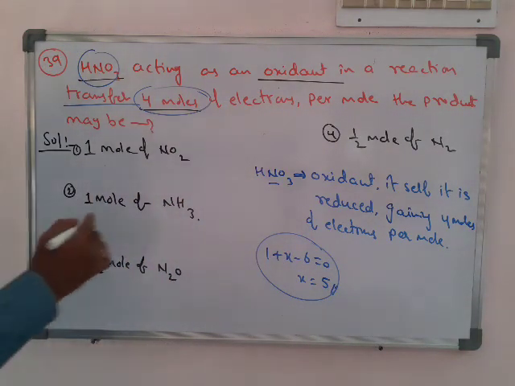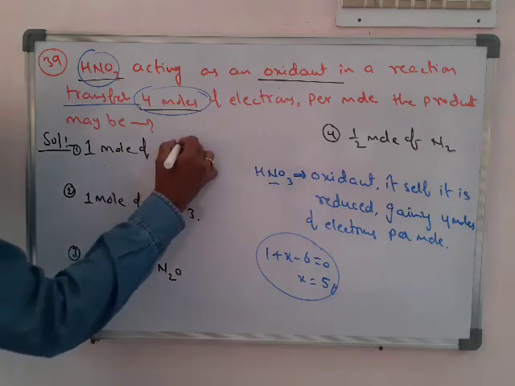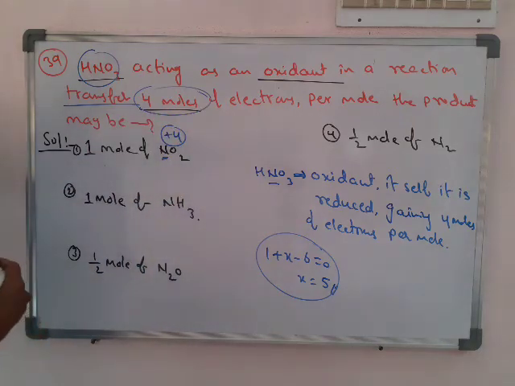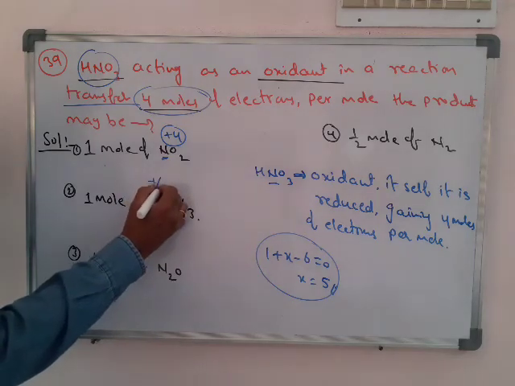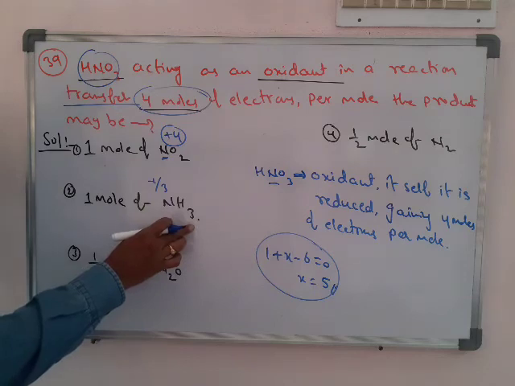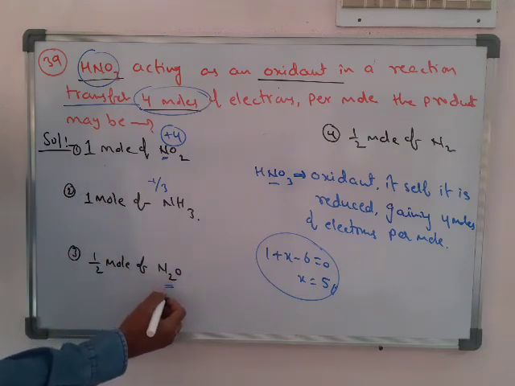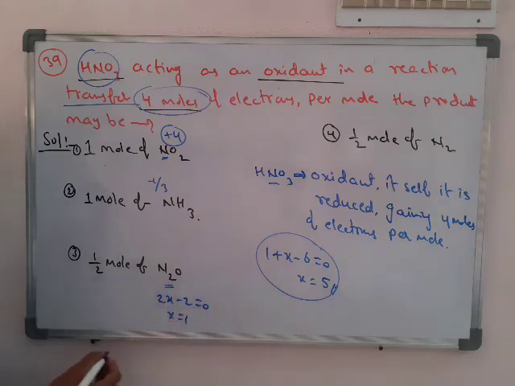Okay. So here what is the oxidation number of nitrogen? This is plus 4. What is the nitrogen oxidation number here? That is minus 1/3. This is 1 plus 3x, x equals minus 1/3. Here what is the nitrogen's oxidation number? 2x minus 2 equals 0, x equal to 1.